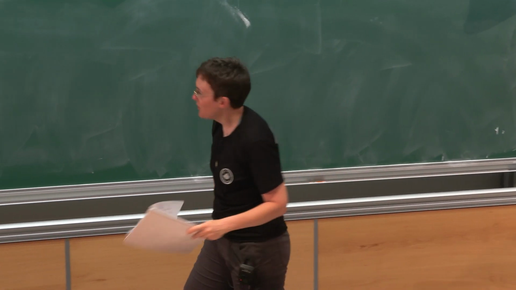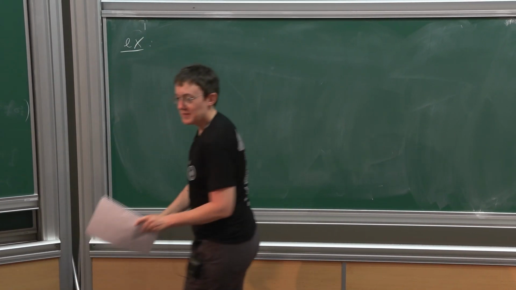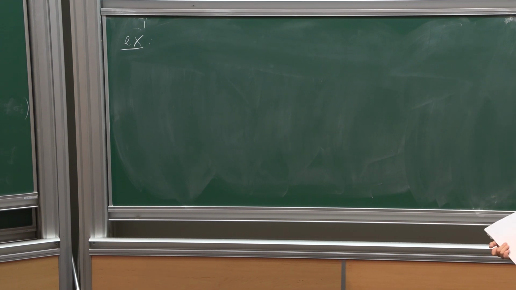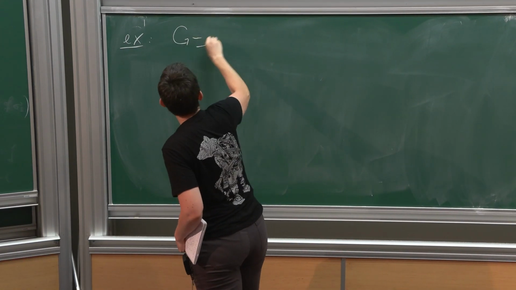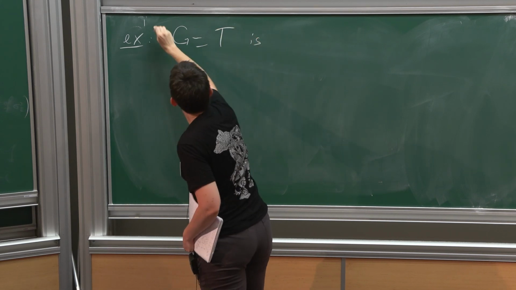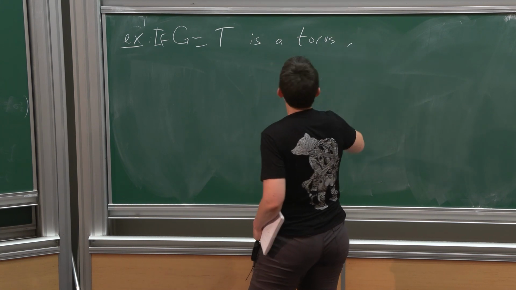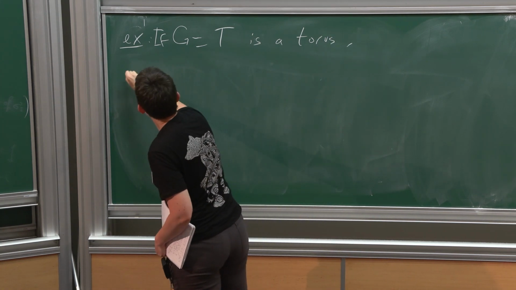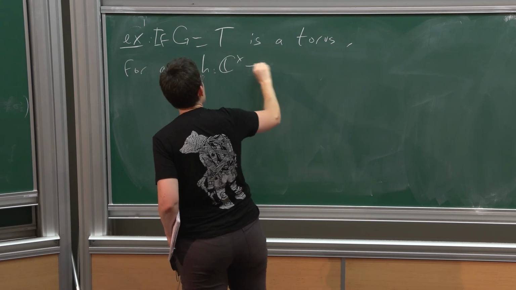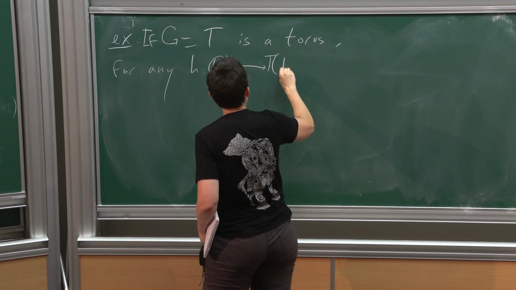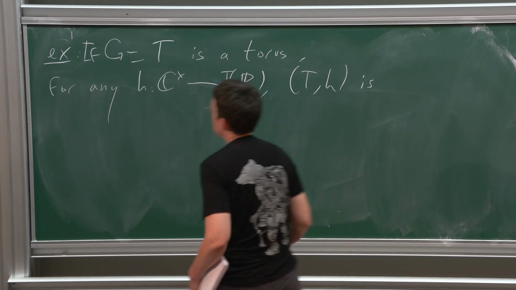Okay, so let's do another example, kind of a trivial example, the example of tori. So if G equals T is a torus, then actually for any H, T, H is a Shimura datum.